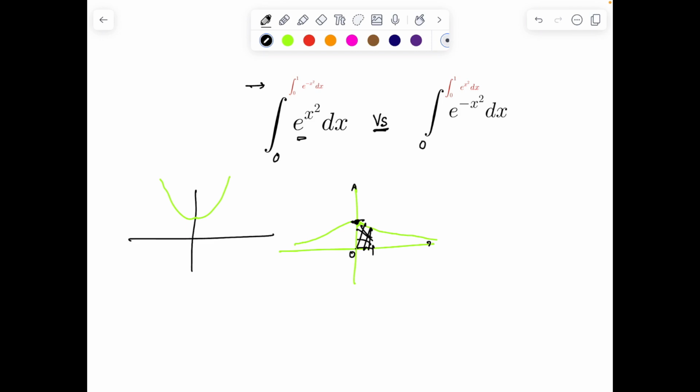Versus e to the power minus x square dx from 0 to 1, the integral of e to the power x square dx will be comparatively greater, but the base e to the power minus x square is small. So it's clearly a tug of war between these two integrals, and let's see how we can evaluate this.